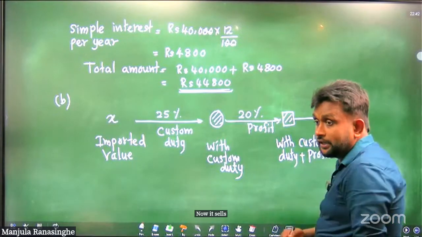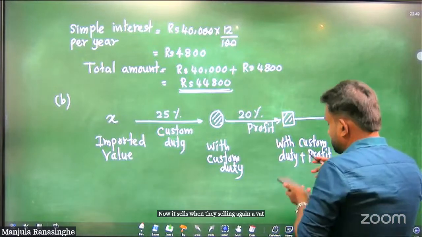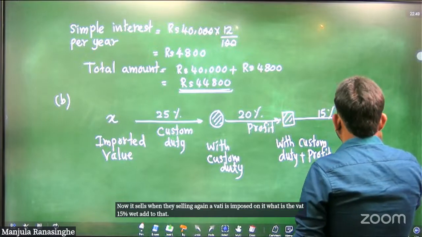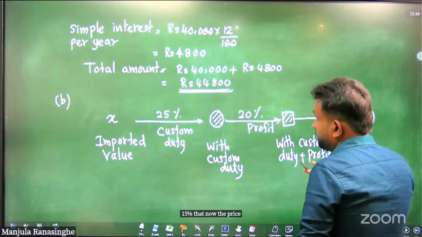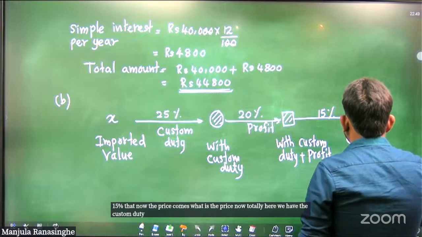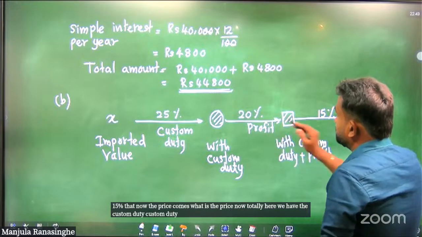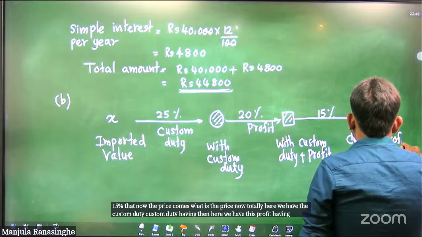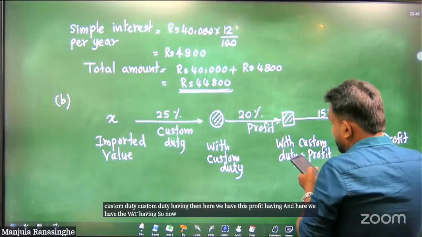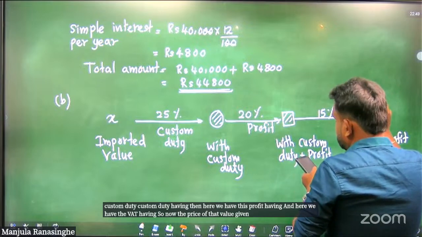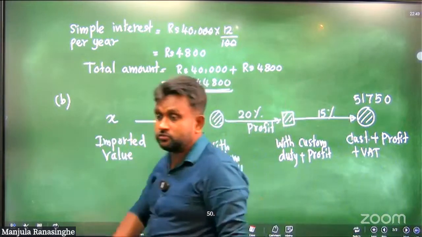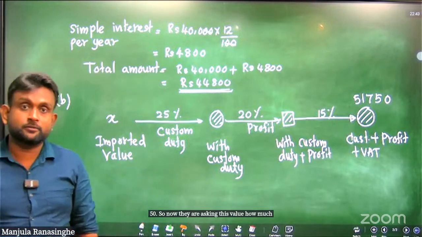When they're selling, again a VAT is imposed on it. What is the VAT? 15% VAT is added to that. Now the price comes. Here we have the custom duty, the profit, and the VAT. So the price of that value given is 51,750. Now they ask how much the imported value is.